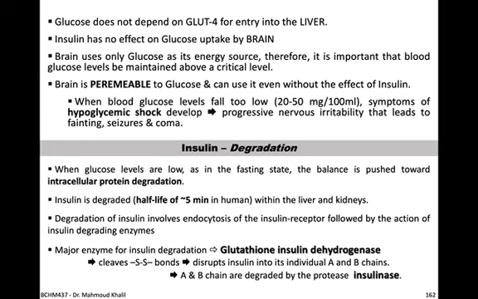The major enzyme for insulin degradation is glutathione insulin dehydrogenase, which cleaves the disulfide bonds. Of course, this disrupts the binding between chain A and chain B, and these are degraded soon after that. Each chain is degraded by insulinase.